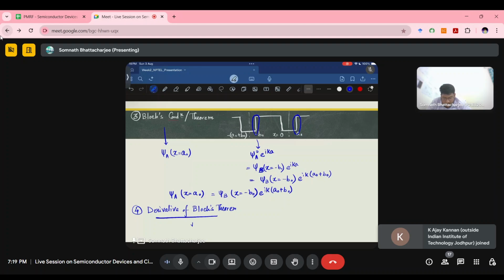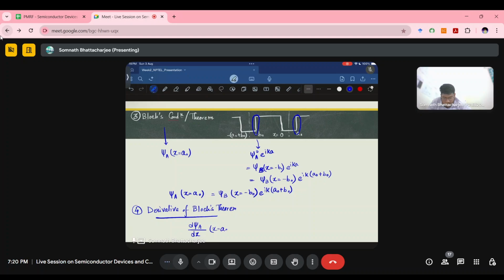So that is nothing but del psi by del x when x equals a naught, equal to del psi b by del x, equals minus b naught e to the power of i k (a naught plus b naught).